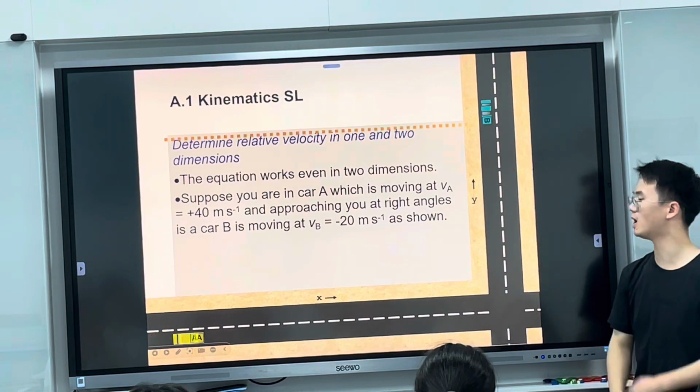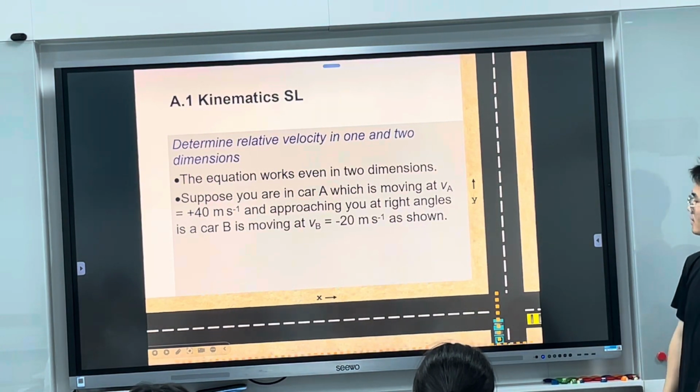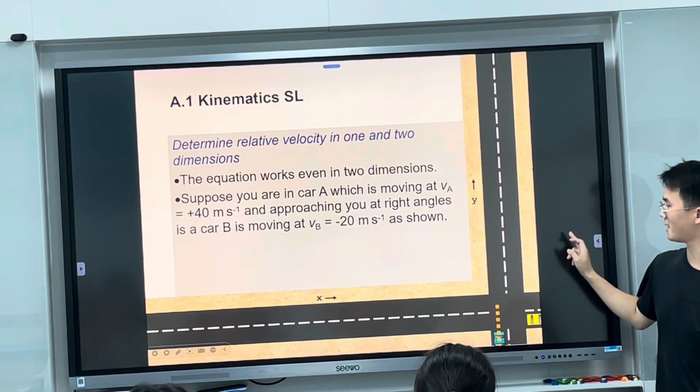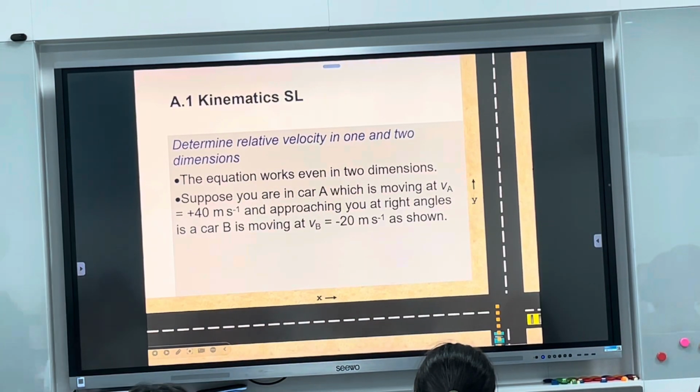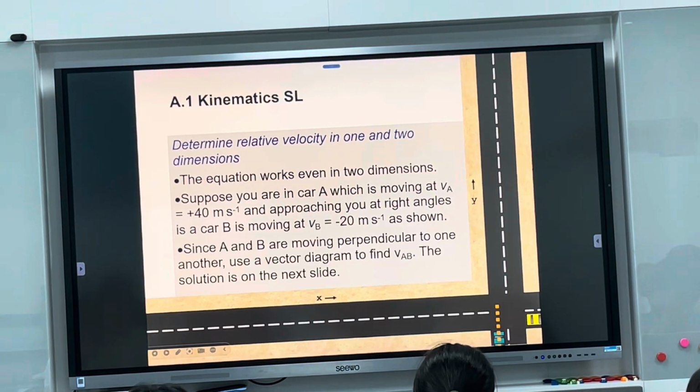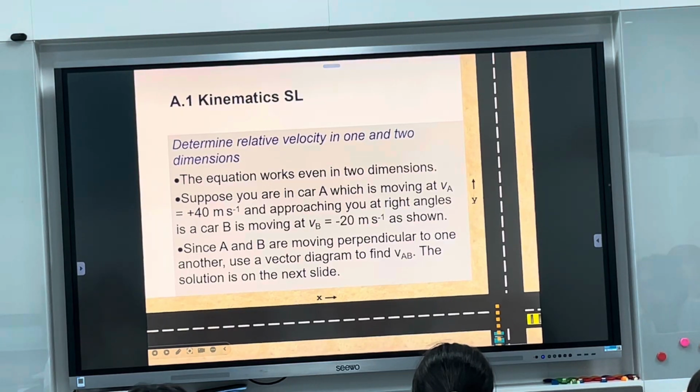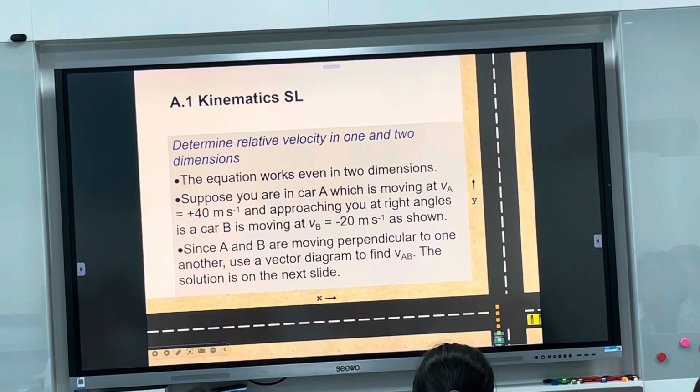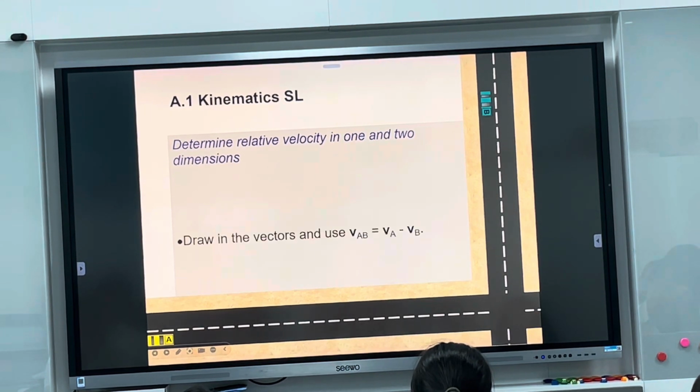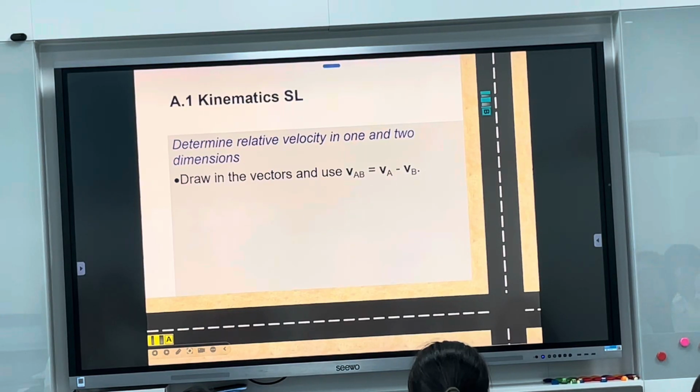Let's see what is actually happening. Since A and B are moving perpendicular to one another, we're going to use a vector diagram to find velocity AB. Draw the vectors and use VA minus VB.